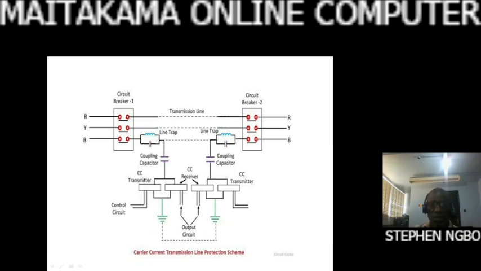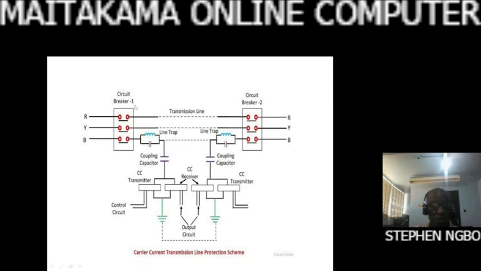This carrier current protection scheme does not use the value of the current for its own operation, but it uses the phase angle of the current on the two phase conductors. It compares them, then a decision is made whether it is an internal fault or external fault.